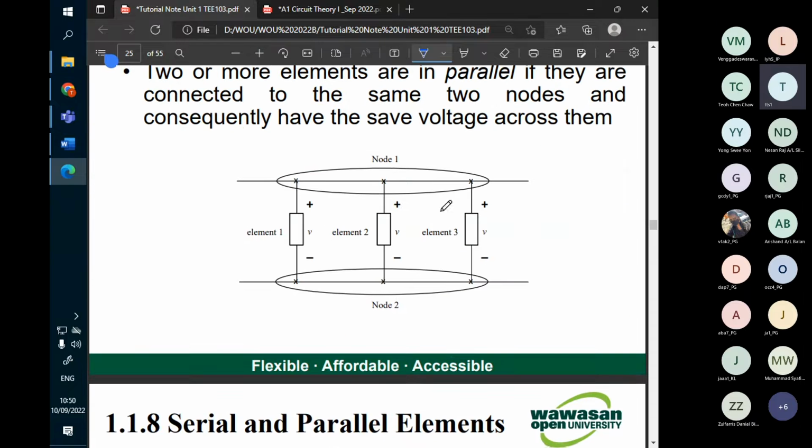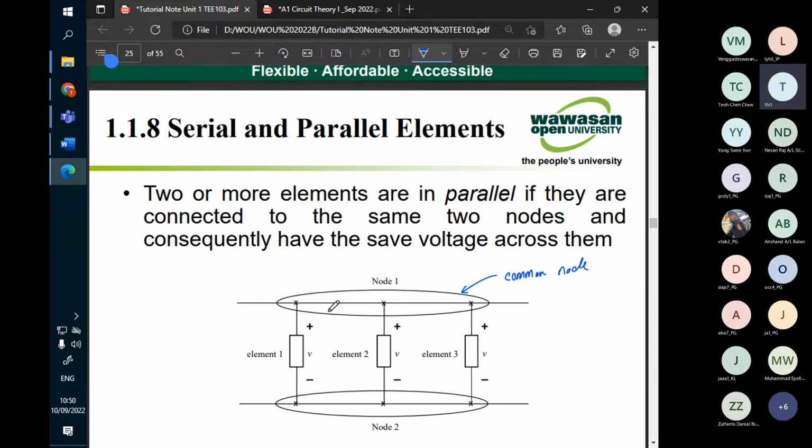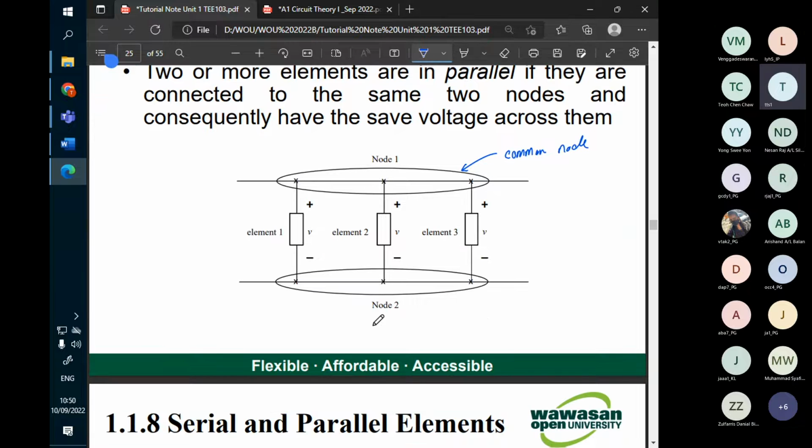But sometimes we do have three elements sharing the same node. We call this a common. In a physical circuit or in the practical world, we call this a common node. Common means they are sharing the same node. Here it didn't say it's a common, but I always view this one as a common node.